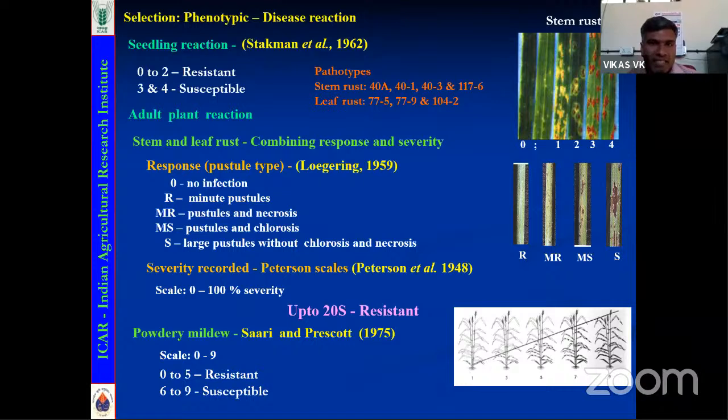One is seedling reaction, using the seedling stage at IARI Wellington, and adult plant reaction, combining leaf rust and stem rust at Wellington. Here we score by combining the response on pustule type and severity. Up to 20 is considered resistant, and in seedlings 0 to 2 is considered resistant. And we usually go for scoring on a scale of 0 to 9, where 0 to 5 is resistant and 6 to 9 is susceptible.